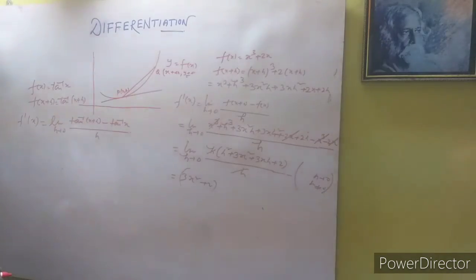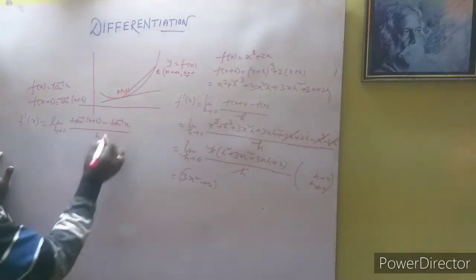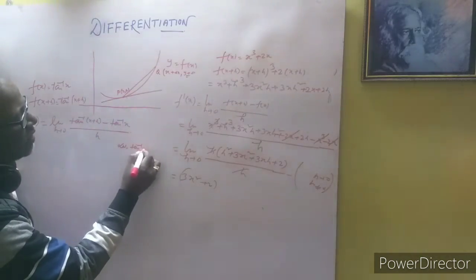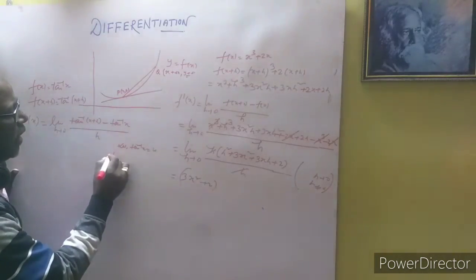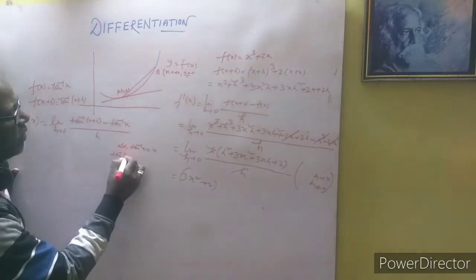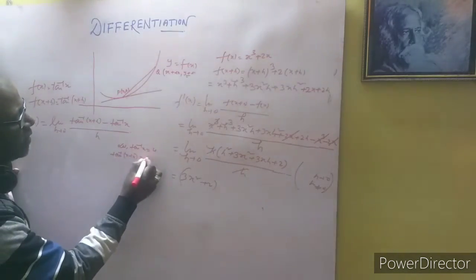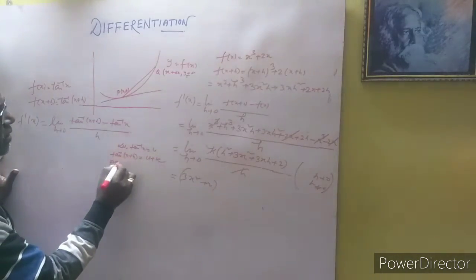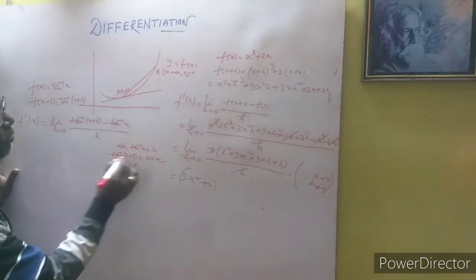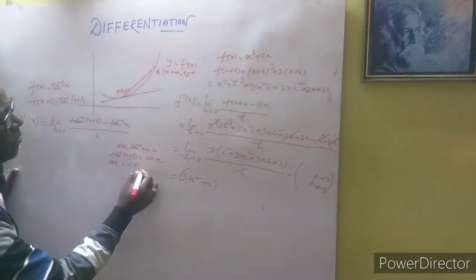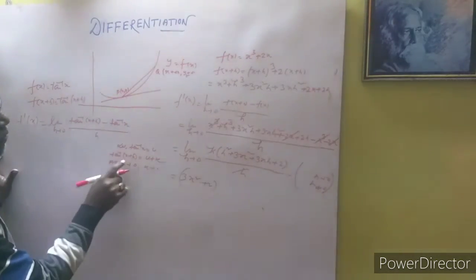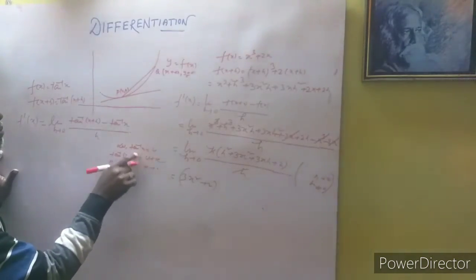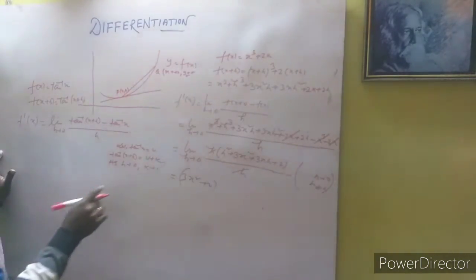Otherwise we can take a variable like that, tan inverse x as u, and tan inverse of x plus h as u plus k. As h tends to 0, if we put h tends to 0, then k tends to 0 also. So in place of u we can put tan inverse x, so k tends to 0 here.